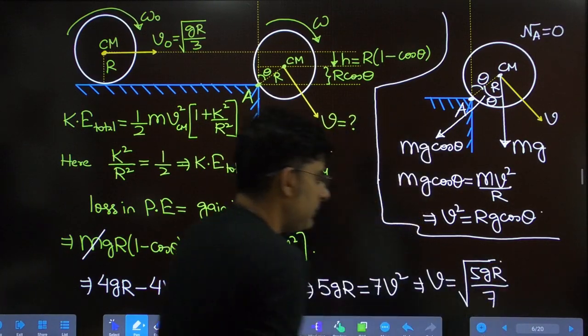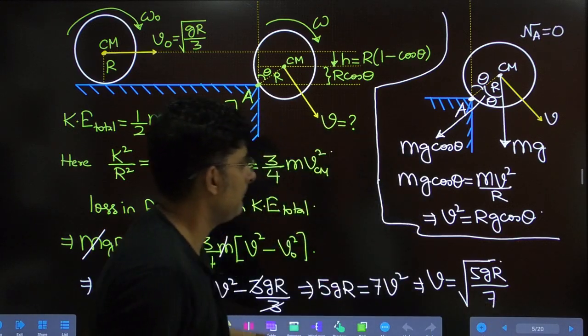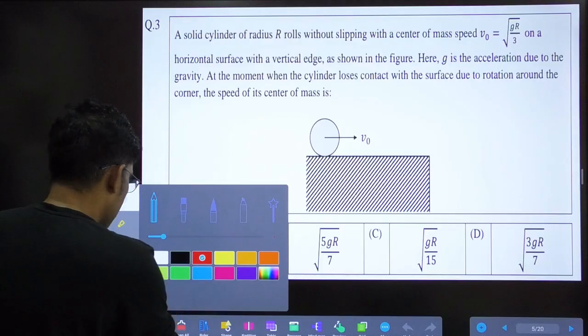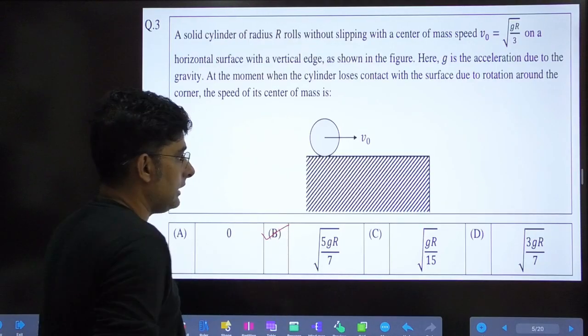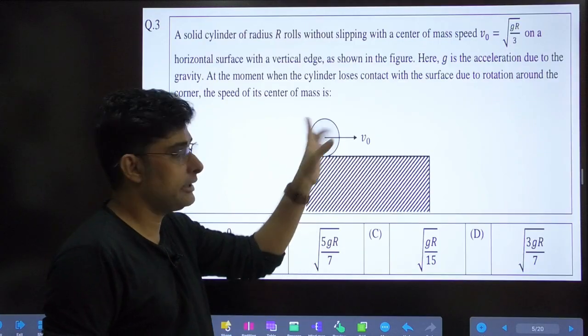So the center of mass speed will be root 5gR by 7. Is there any option here? Yes, the second option is the correct one. I hope this question is clear to all of you. Root 5gR by 7 will be the speed.